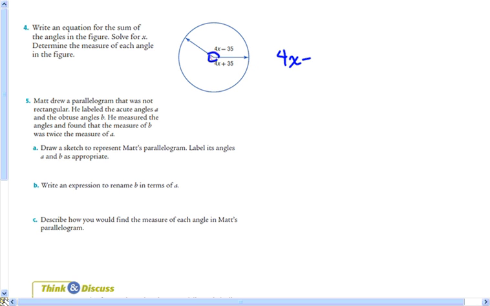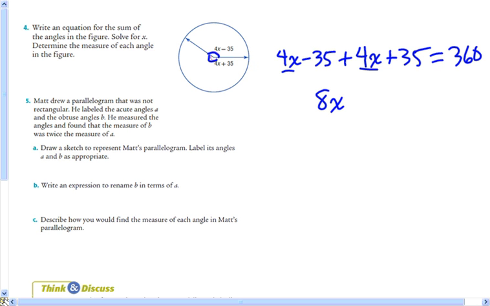I know that if I add these two angles, I will get 360. Now I'm going to simplify. I've got some like terms. 8x plus 0 is equal to 360, and then I can just divide both sides by 8, and I get x equals 360 divided by 8, which is 45.